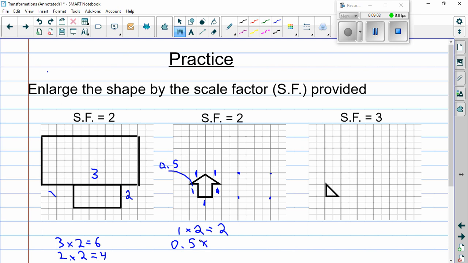If we times that by 2, we're just going to get 1, right? So we're just going to go 1 block to each side. Give our sides. Lastly, our last point was 1 up, so it's going to become 2 up, and it's right in the middle.